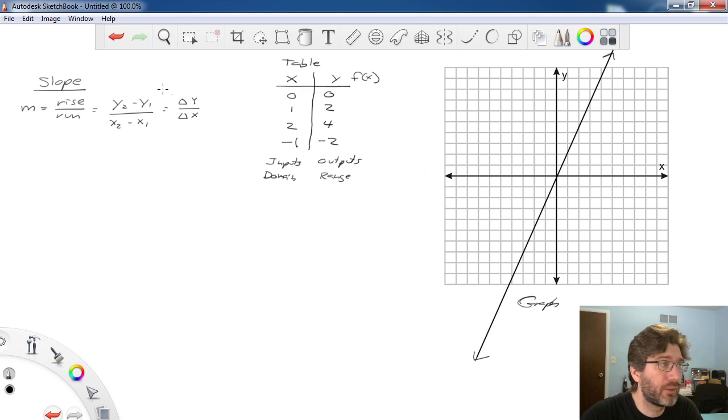Recall from the other day that we had a formula for slope. So slope is rise over run. That's one way to look at it. It's also change in y over change in x, or y2 minus y1 divided by x2 minus x1. So you do have a formula for slope. If you don't have that memorized, I highly suggest you get that memorized.